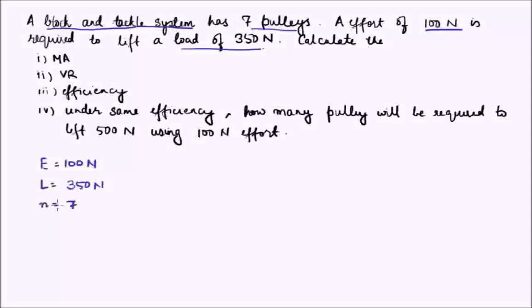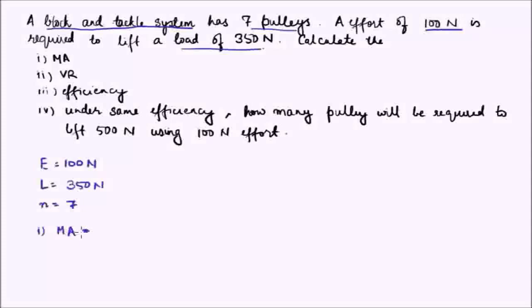Just for the sake of revising the theory, since this is a block and tackle system with an odd number of pulleys, the block at the top, that is the fixed block, will have 4 pulleys, and the movable block will have 3 pulleys. That is what we studied in the theory. Now back to the question. We are asked to find the mechanical advantage to begin with.